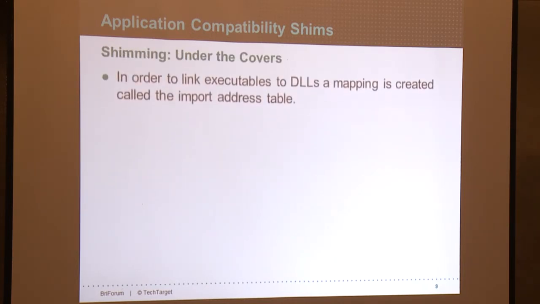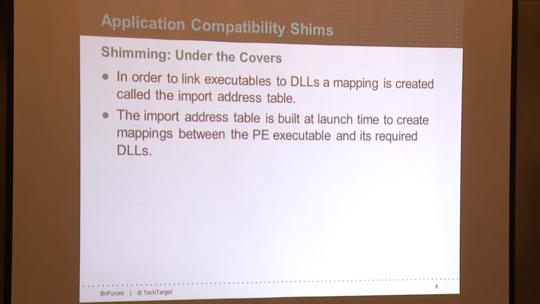So under the covers with the shim, you have to understand that when a portable executable EXE is loaded, it binds to a bunch of DLLs when it's launched, and in order to keep track of what these mappings are, a thing called an import address table is built so that the mapping of these DLLs is basically attached to the executable. Now, this is built at launch time, and this all happens at once.